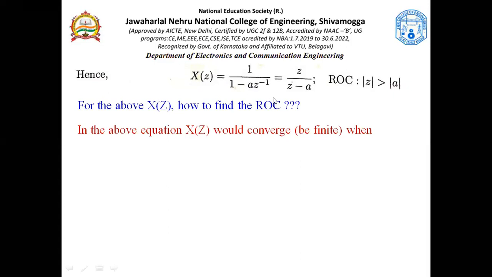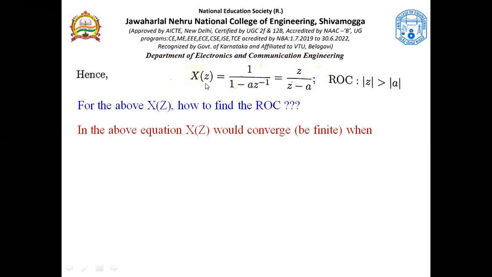ROC is the set of values of z which will make this finite. So for this to be finite, I can say the magnitude of this denominator has to be greater than 0. It should never be 0. If this is 0, this will become infinity, and that will not help us find out ROC.